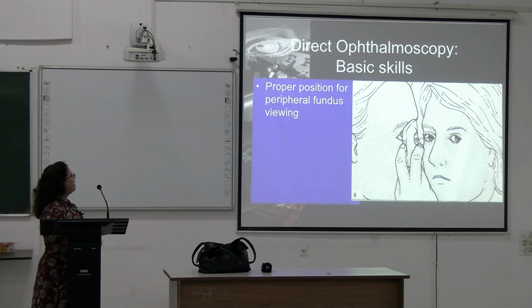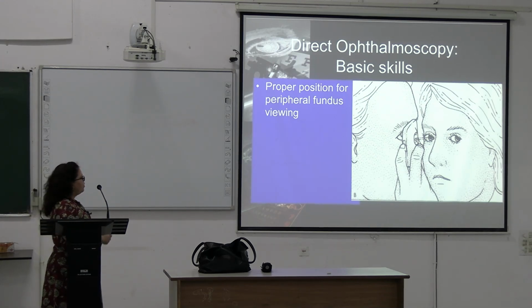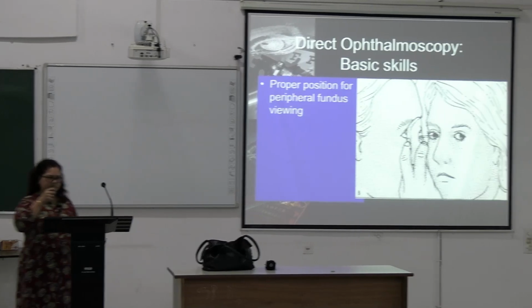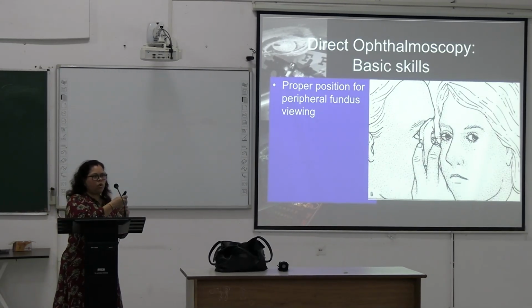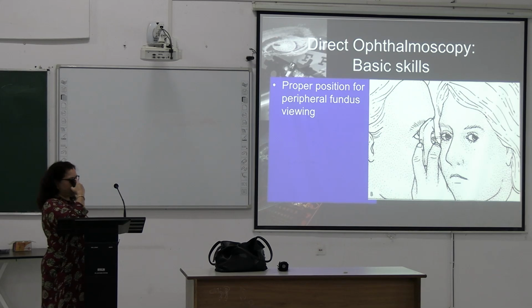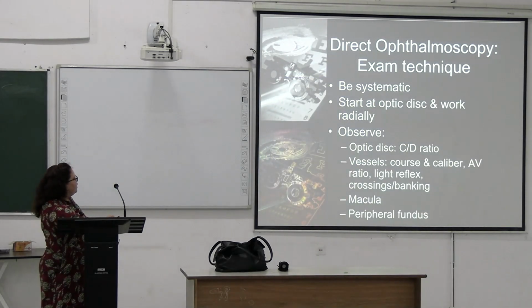Then proper position for the peripheral fundus view. First we examine from a distance, then we gradually go close to the patient. Then direct ophthalmoscopy: be systematic, start at the optic disc and work radially.